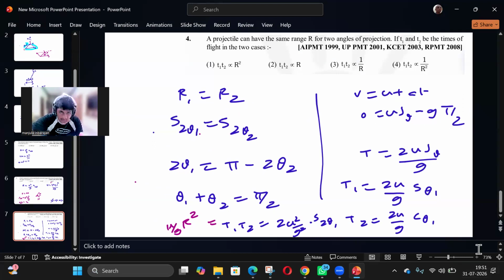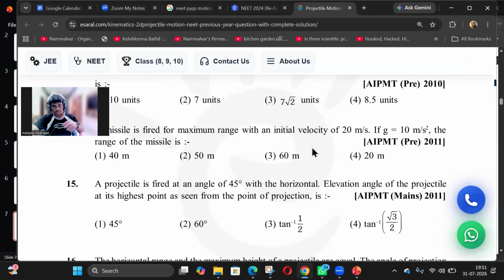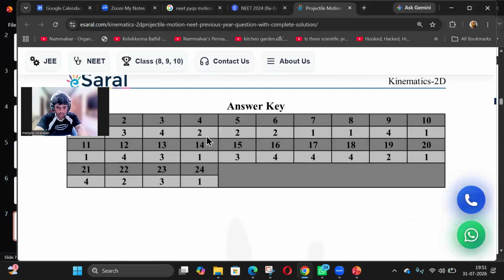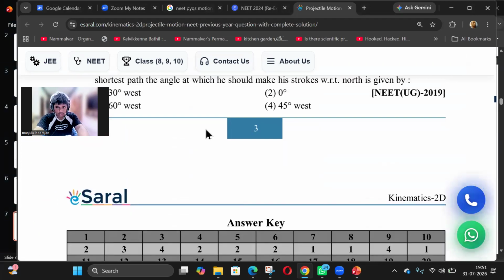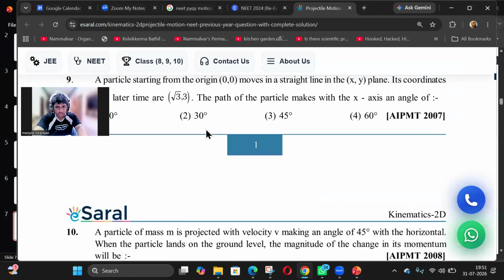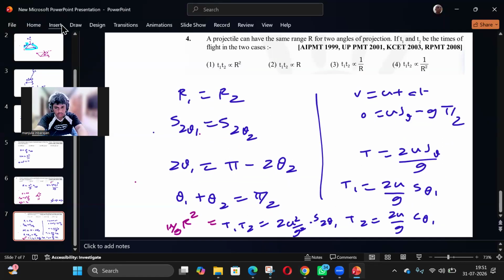So option 1, R square? No, option 2? It's not a range square, it's just a range.